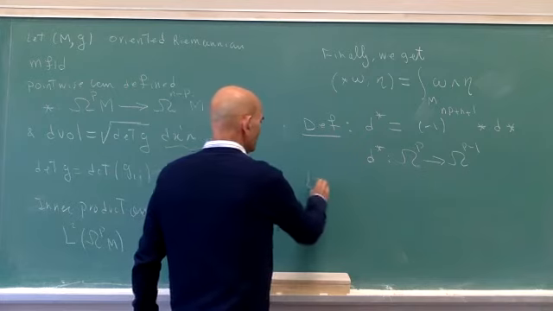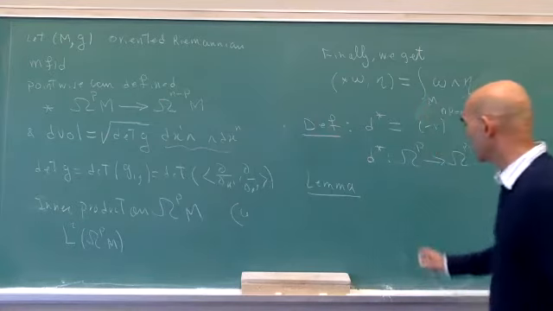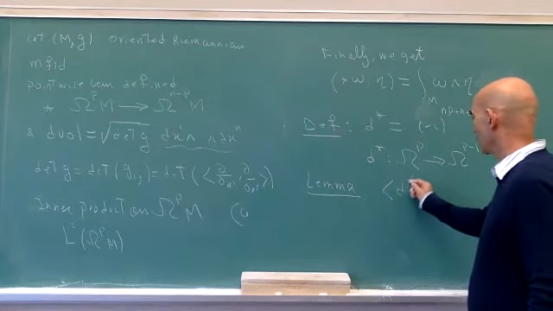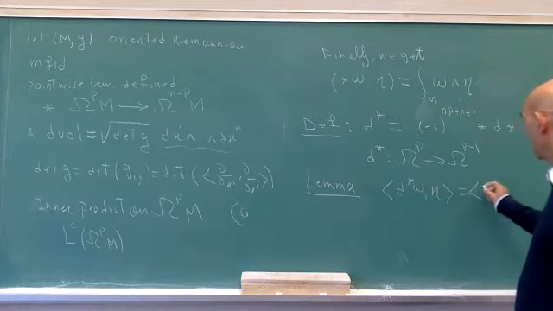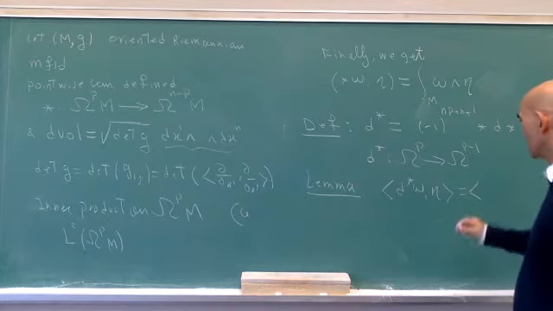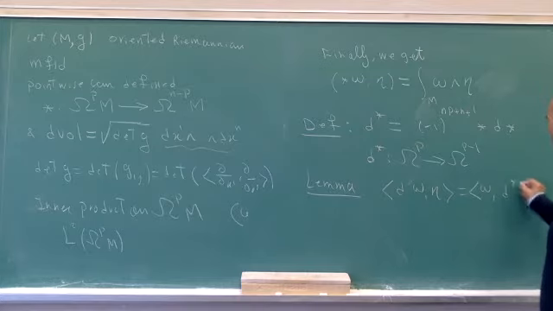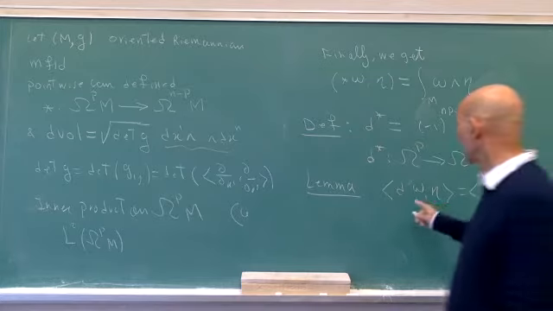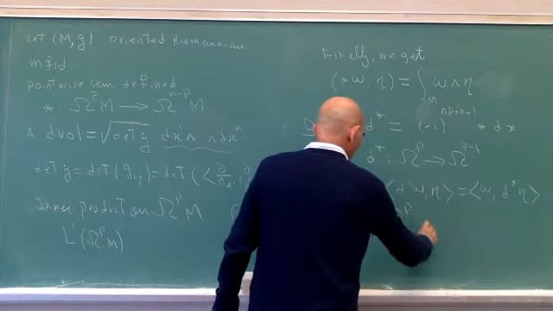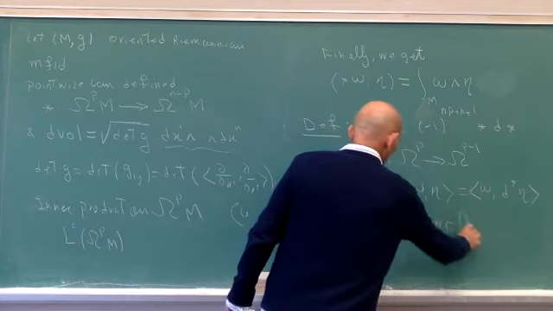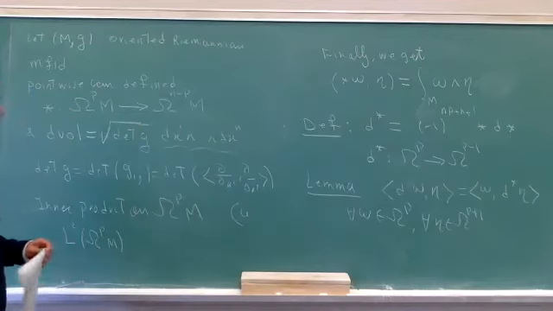So lemma is that indeed the star of omega and eta is equal to omega. So let me put it like this: d omega eta is equal to omega and the star of eta. So this is for all omega belonging to omega p, for all eta belonging to omega p plus 1.